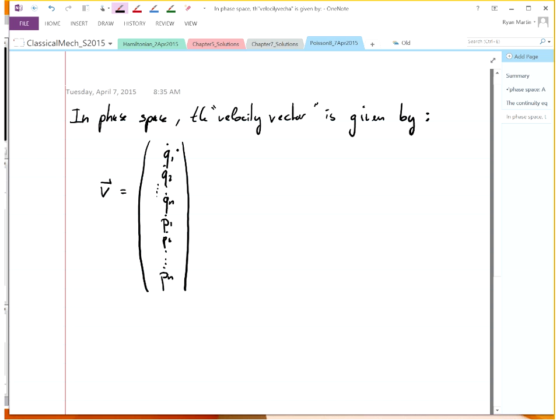So it's each coordinate of the system, and the system is described by both the generalized coordinates and the conjugate momenta. So there are 2n coordinates, and in phase space, the velocity vector is the time derivative of all of those coordinates. So it's q1 dot, q2 dot, qn dot, p1 dot, p2 dot, all the way to pn dot. Okay?